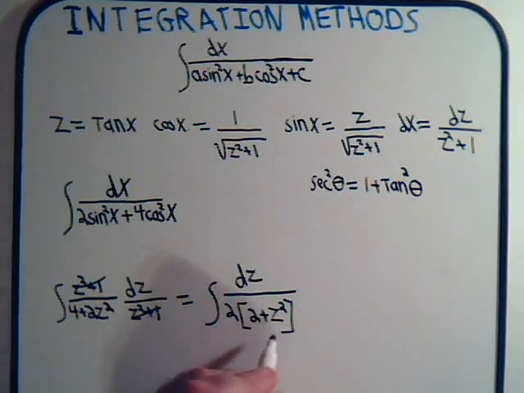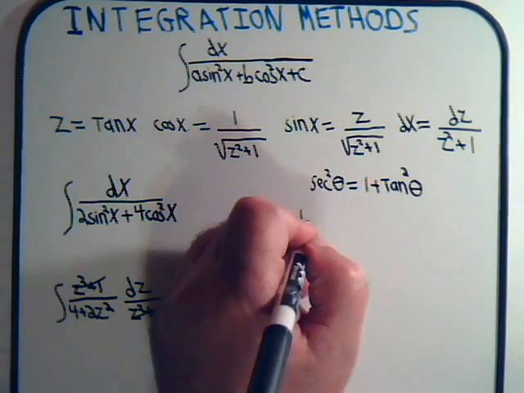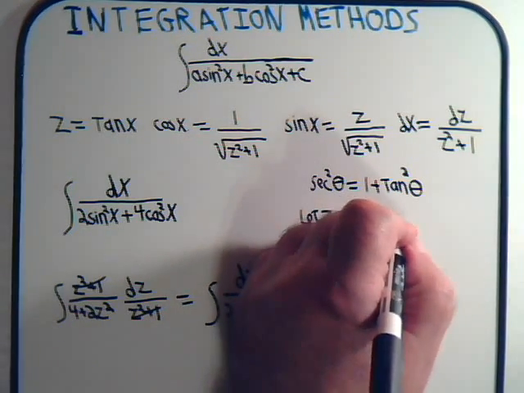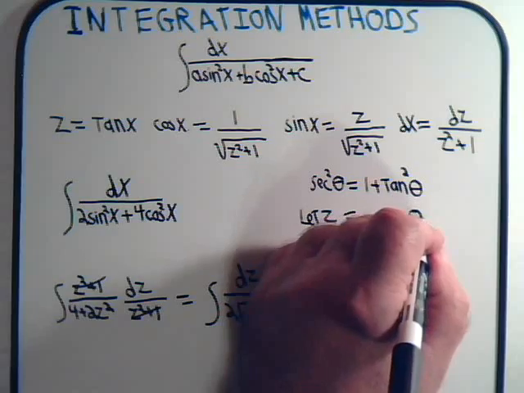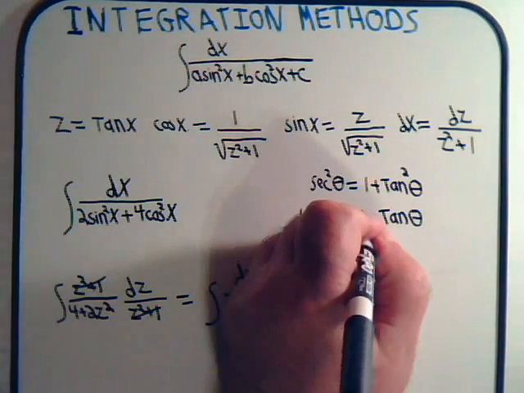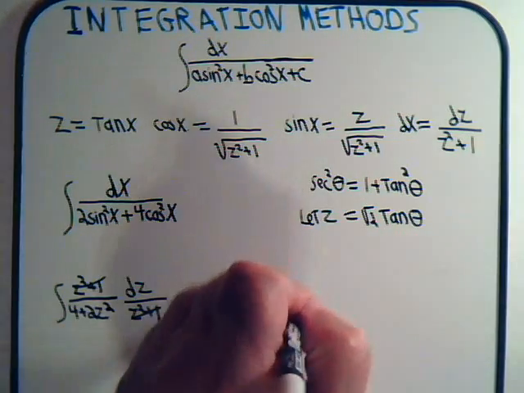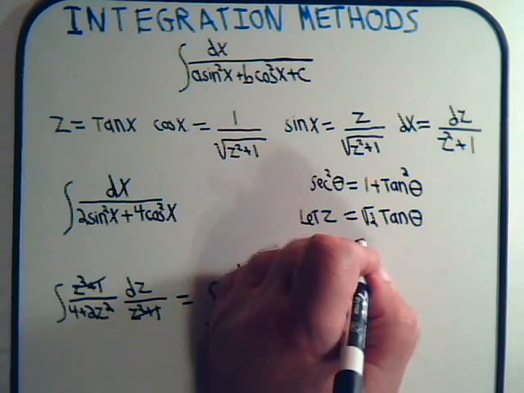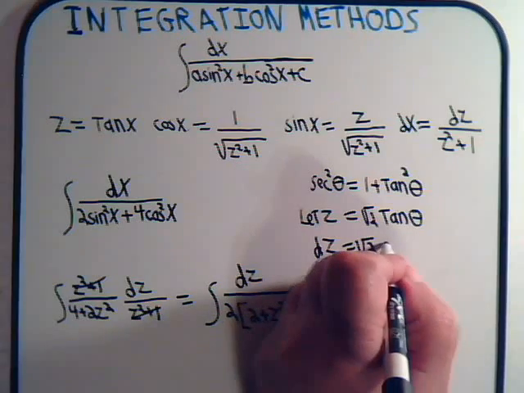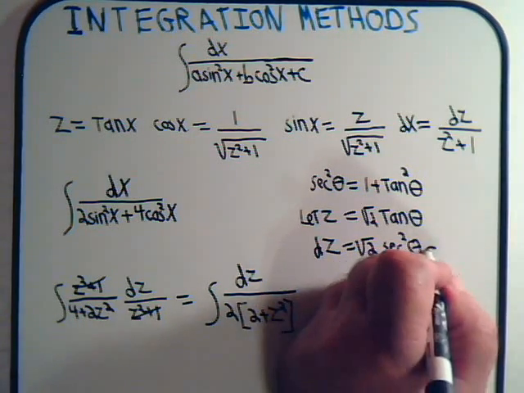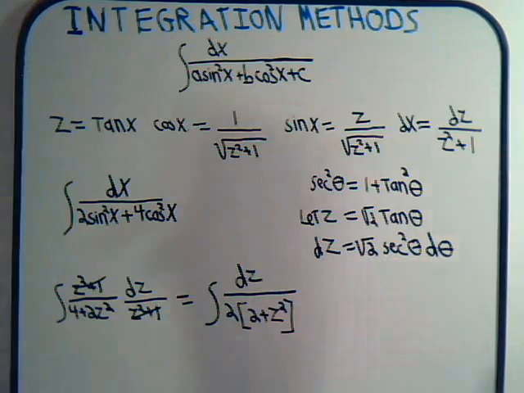So then we say, let this variable z be equal to the tangent of theta times the square root of this number. So that would be the square root of 2. And dz, let's take care of that while we're at it. dz will be equal to the square root of 2 times the secant squared of theta d theta.